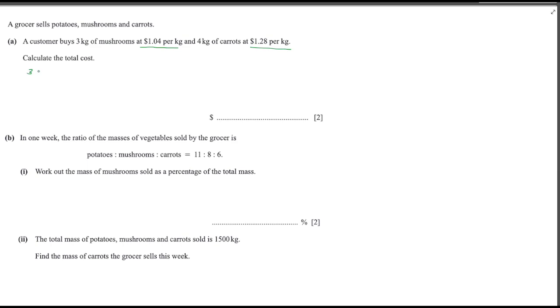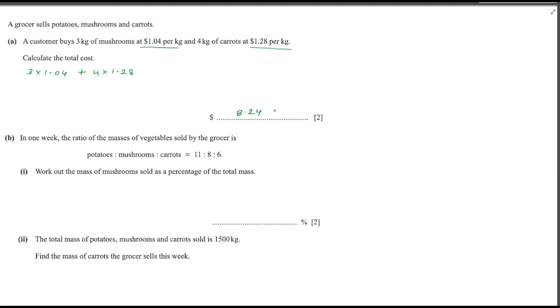So 3 kg of mushroom at 1.04 per kg and 4 kg of carrot at a rate of 1.28. So we will do this calculation. This will give me the total amount. So 3 times 1.04 plus 4 times 1.28. So here the result is 8.24. 8.24 is your total cost.